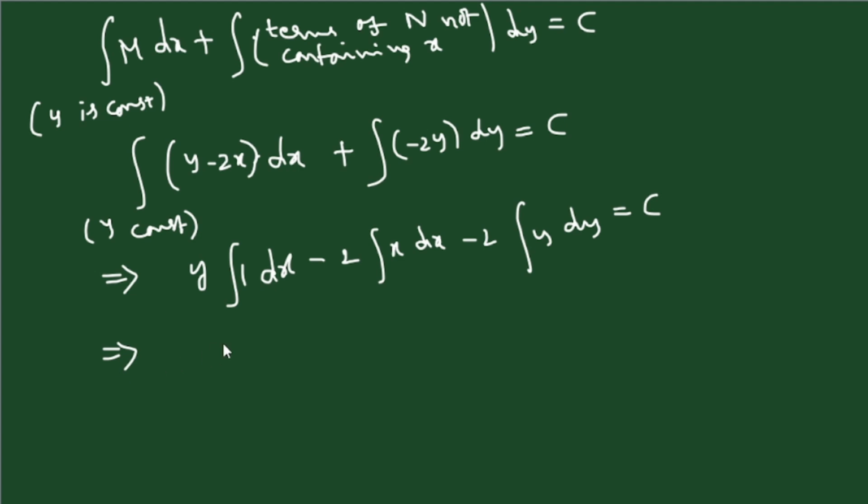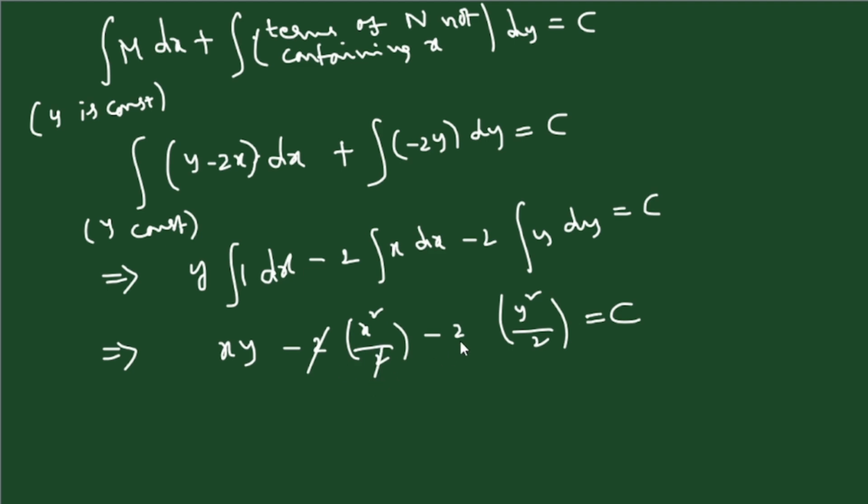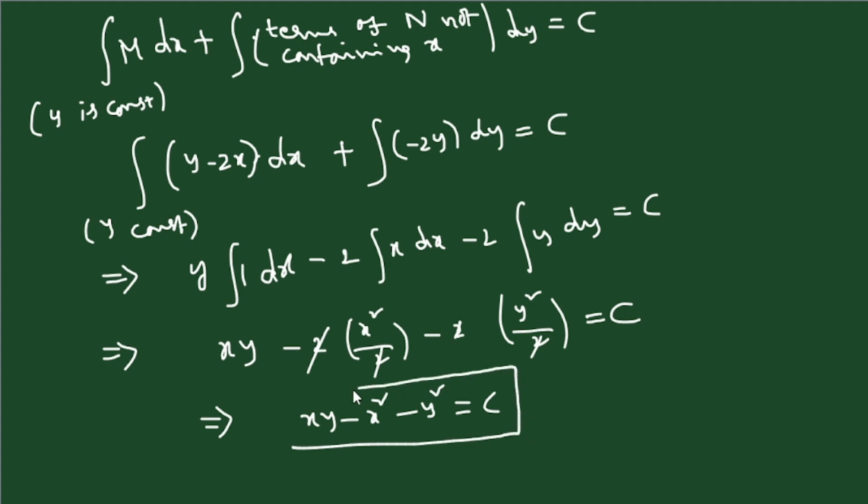So it is xy, because integral 1 dx is x, xy minus 2 into x square by 2 minus 2 into y square by 2 equal to c. So you can cancel out 2 here. Therefore, xy minus x square minus y square equal to c, the required answer.